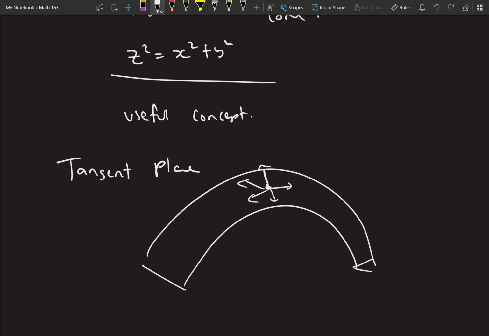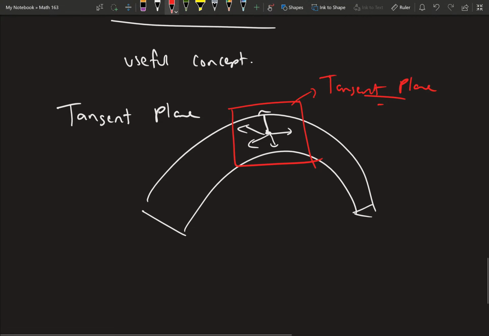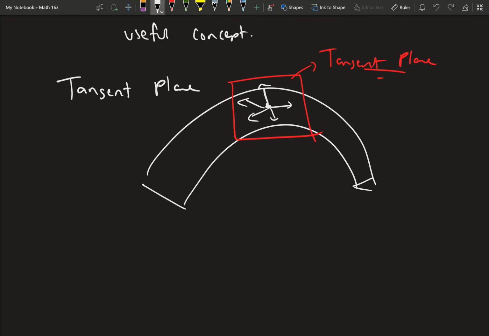If you take the collection of all tangential directions, it forms a plane. And this plane is called a tangent plane. And if you want to compute the equation of the tangent plane, the most general formula for it involves the use of the level surface. So we'll see this a little bit later on, but I wanted to introduce the idea of the level surface.